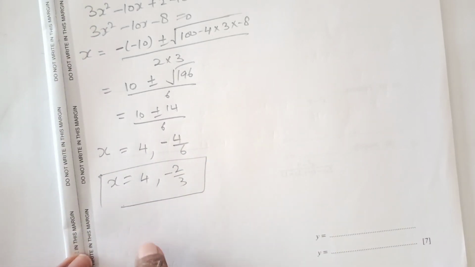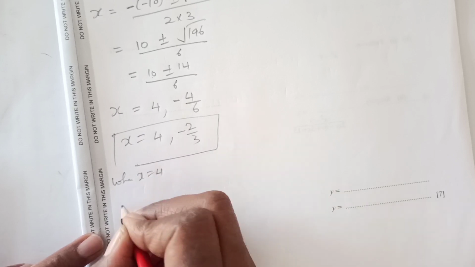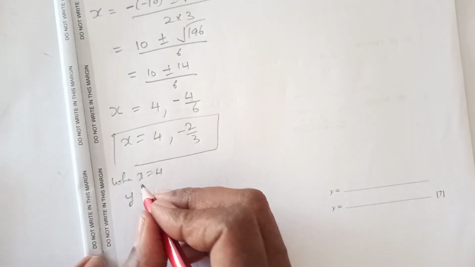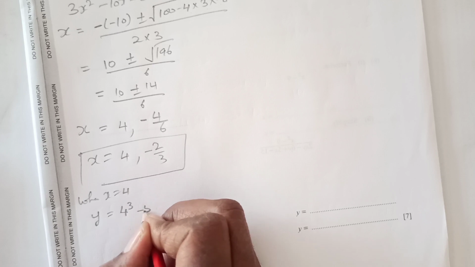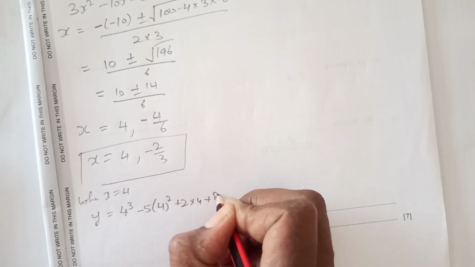So now what's the value of y? When x is 4, then what is y? We are substituting the value here, so I'm just replacing x by 4. 4 cubed minus 5 times 4 squared plus 2 times 4 plus 8.